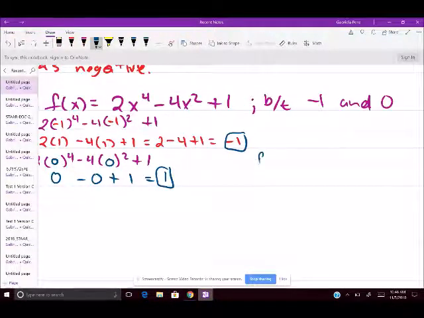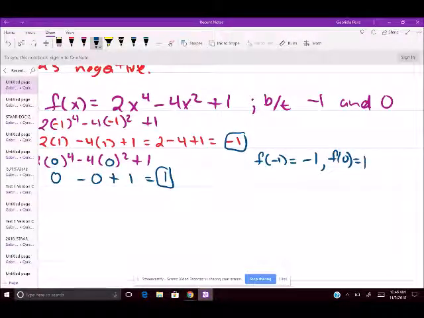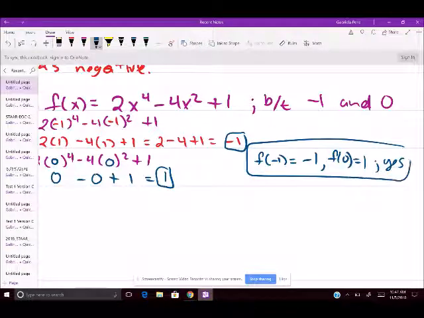But it'll kind of say f of -1, because when I plug in the -1, I got a -1. F of 0, when I plugged in the 0, what did I get? 1. And then it's going to say yes. This is the way it's going to look. So when you plug in this -1, you got a -1. When I plugged in the 0, I got a 1.